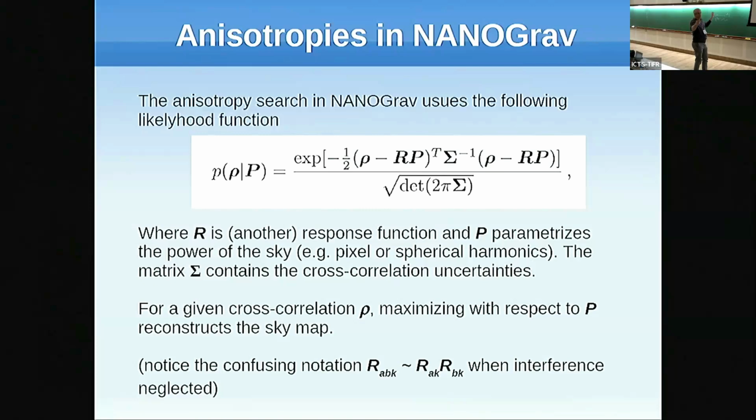So for example, you could use a pixelation, or you can also use spherical harmonics. And R is again a response function which is proportional to the square of the response function we had before. So now if I give you a rho, you can minimize this function with respect to P. And that's what's called sky reconstruction. So for every rho, you can reconstruct the most likely sky map. Okay?